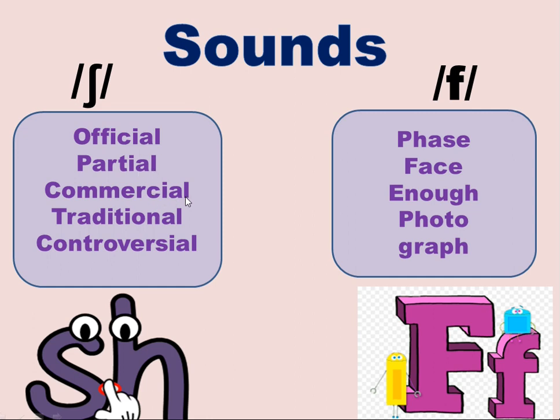Again cial, it gives sh sound. tion also gives sh sound. sial gives sh sound. Though the sounds are the same, the spellings differ. So we'll see in detail what will happen to these sounds.